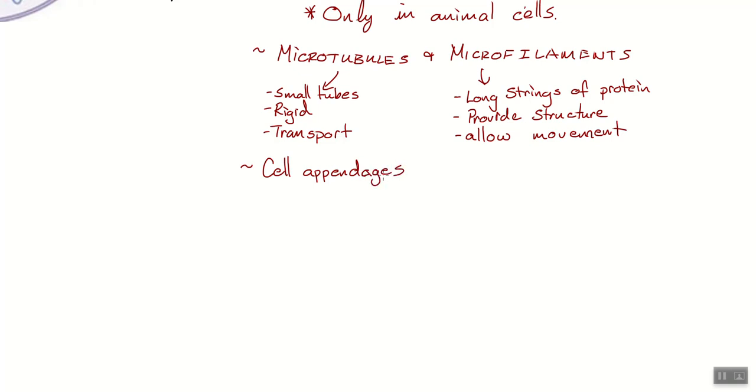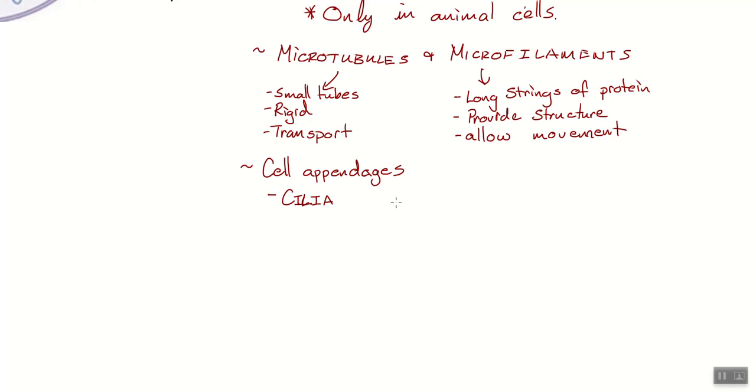As we look at cell appendages, we're going to see that these happen in two different types. The first one Bam Bam mentioned, and this will just be a dash, are the cilia. Cilia, that's an L. Now, this is the plural.